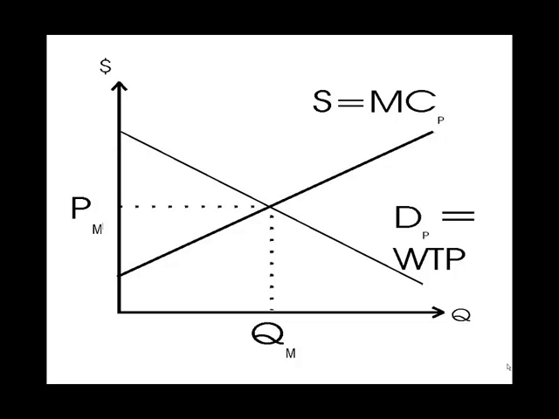So let's just consider the basic supply and demand curve that probably most of you have seen before many times. We know that the demand curve can be derived from the marginal willingness to pay curve. So if a consumer sees a particular price, they're going to want to consume that quantity.